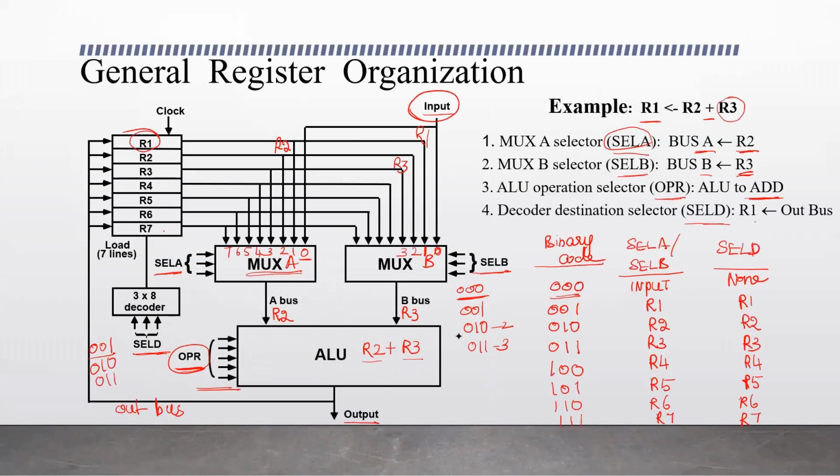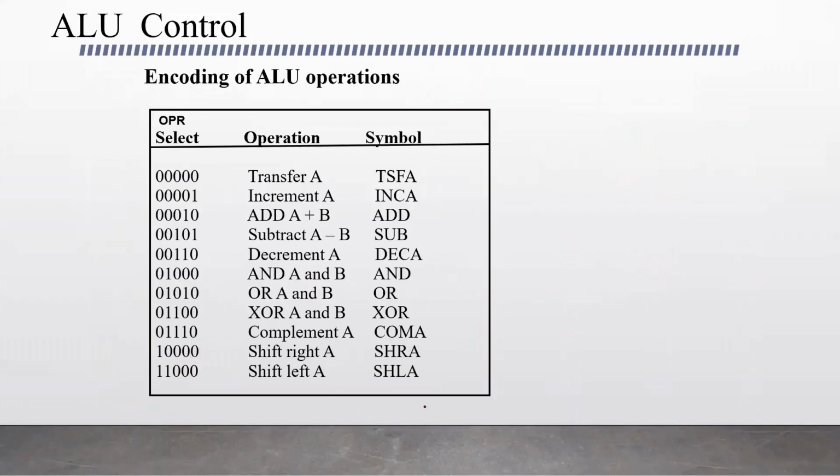The operation is selected by this OPR input that has 5 bits. So when the 5 bits are 000, the operation selected is transfer, that is register transfer. Transfer the content of A.